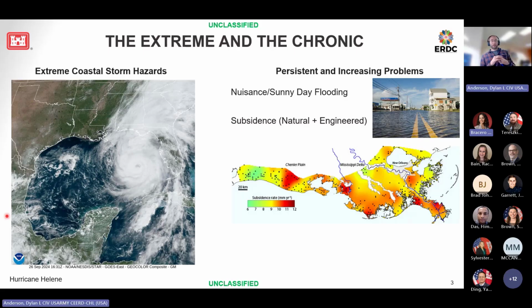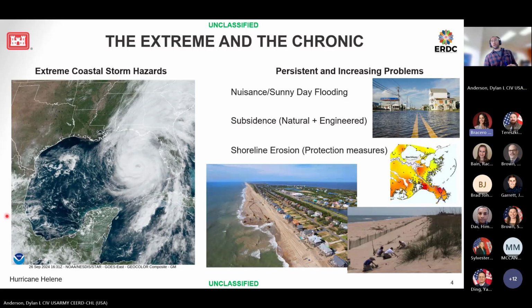And then there are regions in our country that, in addition to water level increases, are experiencing subsidence that's going to lead to this persistent background problem. Maybe we've diverted sediment. Maybe we've extracted groundwater. This is actually a problem around a great many of our coastlines, that we have local relative sea level rise that is higher than the global averages.